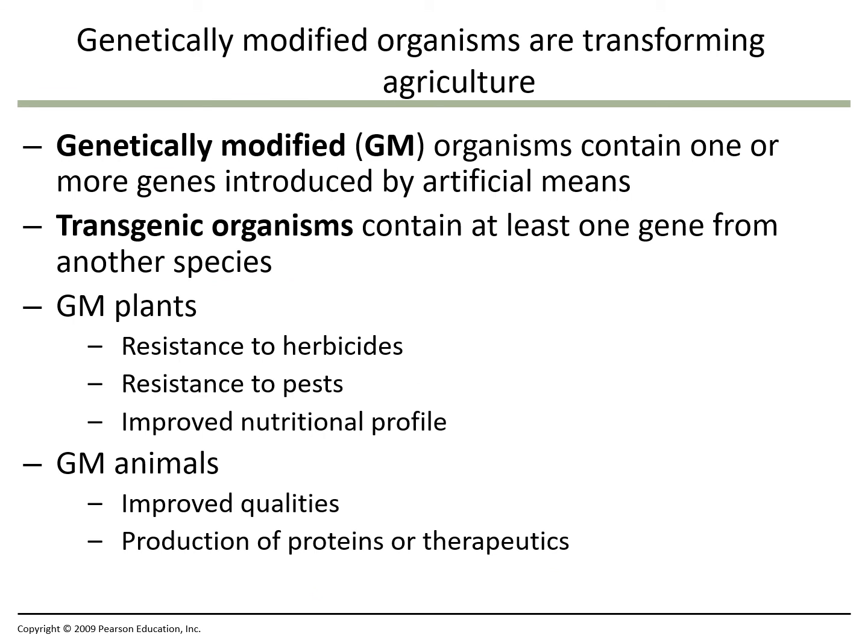Genetically modified and transgenic organisms are produced by artificial means, by taking a gene and inserting it into the genome of the host. For genetically modified plants, you can make them resistant to herbicides, resistant to pests, or increase their nutritional profile or their hardiness. For genetically modified animals, you can improve the quality of the product, make more of it, and it's really good for the production of therapeutics, pharmaceuticals.